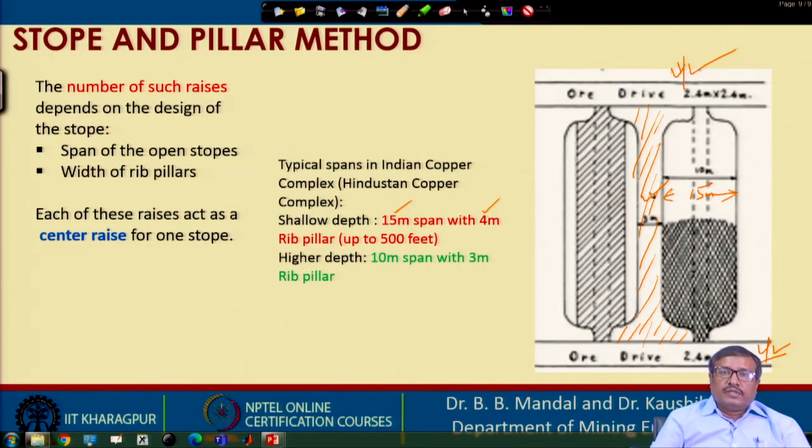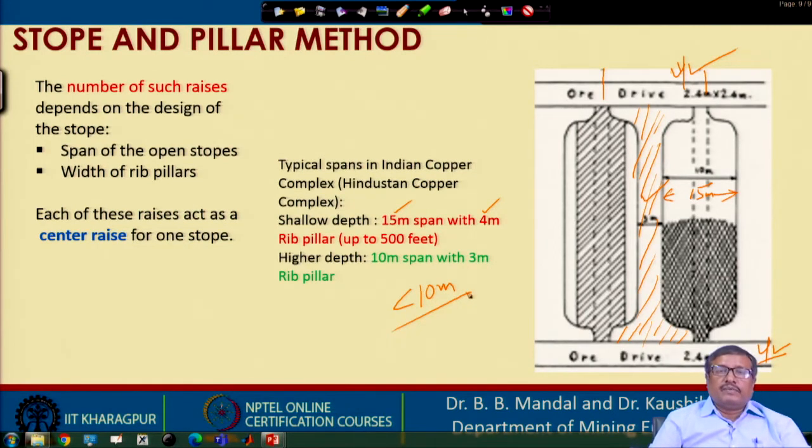So, when we plan the stopes or make the raises, it becomes 15 plus 4. But at higher depth, when you go for another study, we see that the stopes must not be wider than 10 meter, because then the rock pressure of the overlying rocks will be too much.